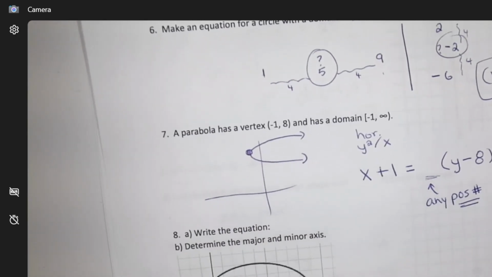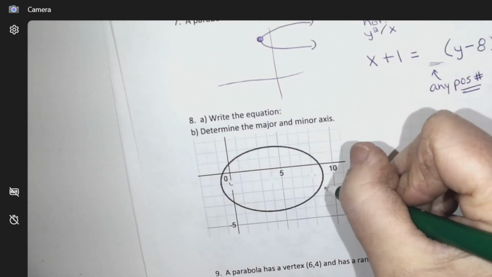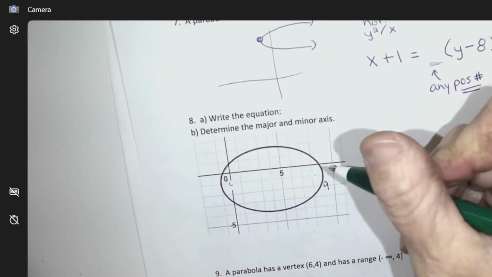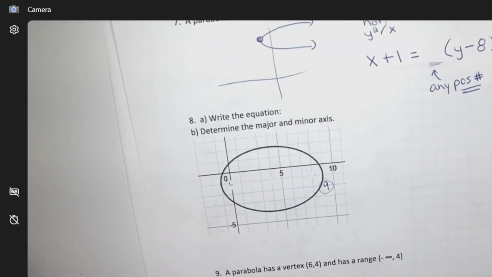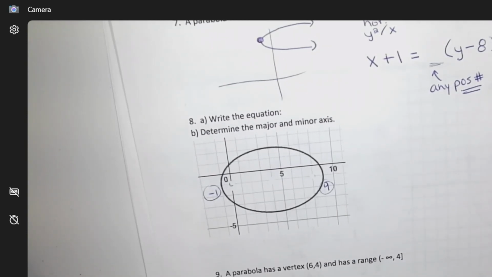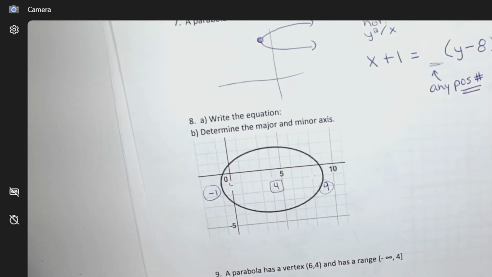Okay, this looks like an ellipse. I'm going to write this down for myself. That's at a 9. That's at a -1. So which x value would fall in the middle of that? 4? 4 would fall in the middle.